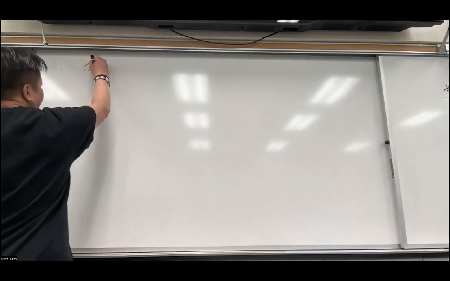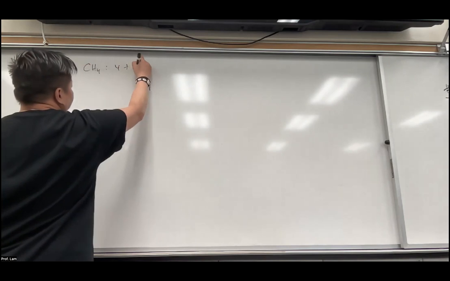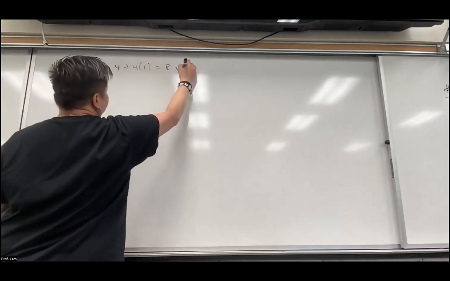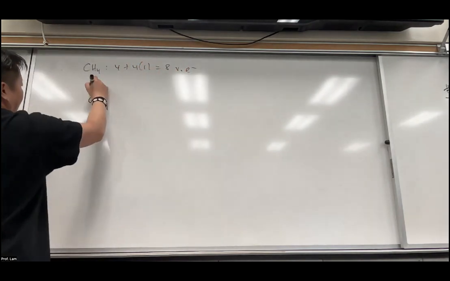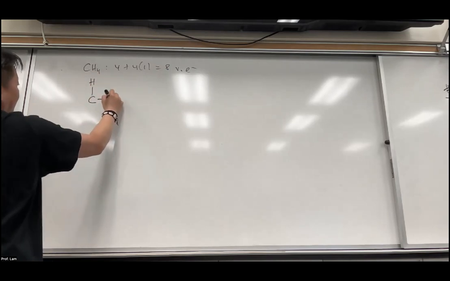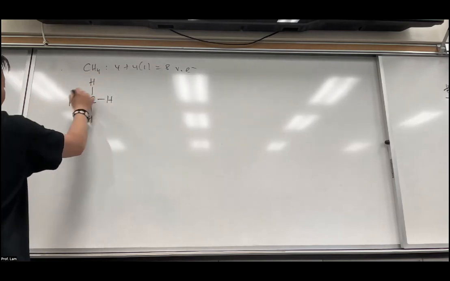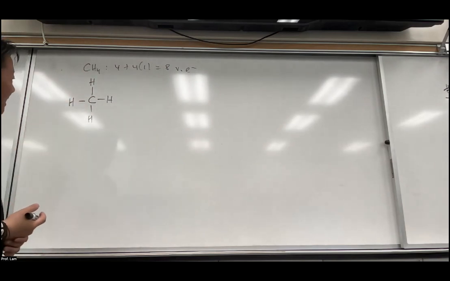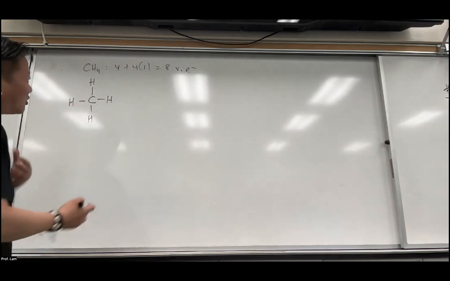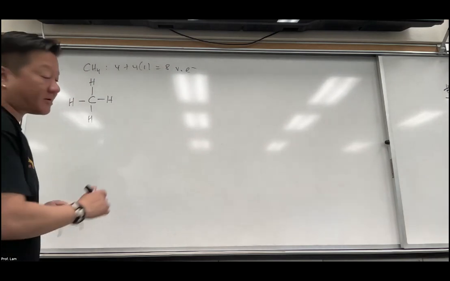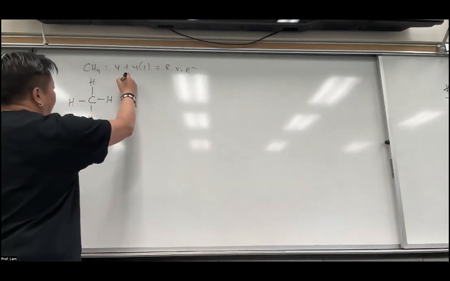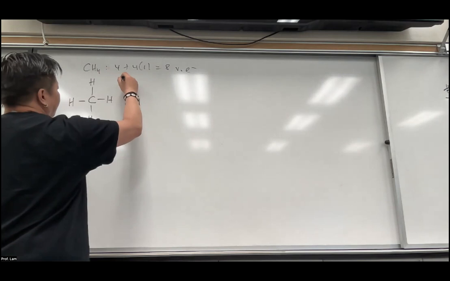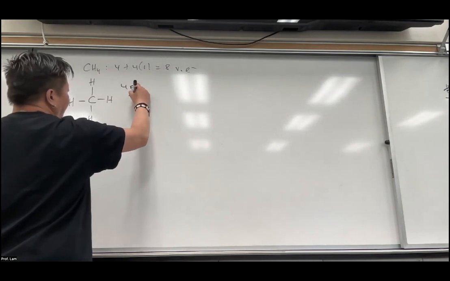So we have CH4, that's 4 plus 4 times 1, 8 valence electrons. It's going to look like this. 2, 4, 6, 8. And now we determine the number of electron groups. So that's 1, 2, 3, 4. So 4 electron groups. We know it should be tetrahedral.